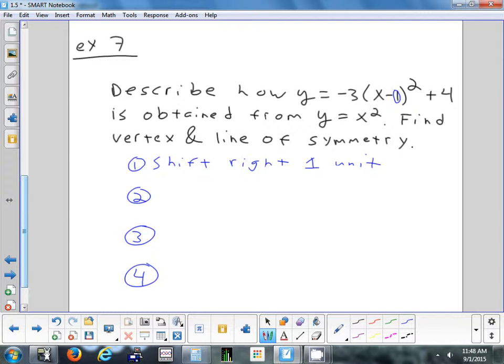I want to say vertical stretch. Yeah, that's going to be a vertical stretch. Anytime you have a number in front, multiplied, that's always a vertical stretch, in this case by a factor of 3.